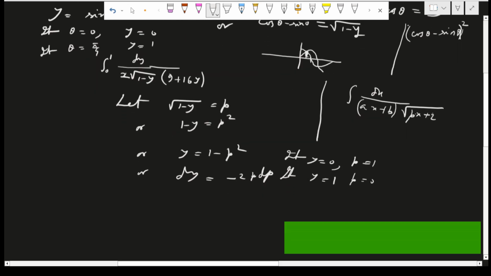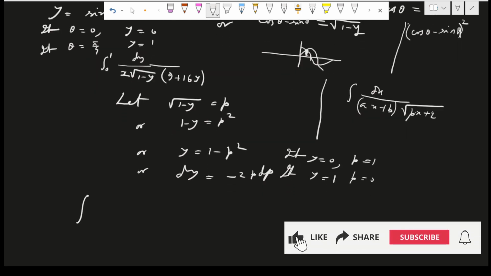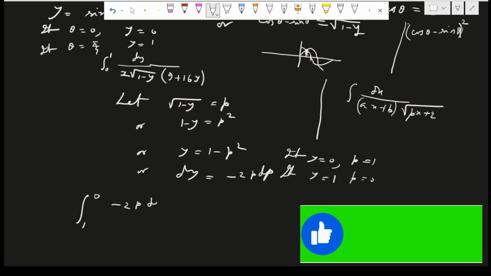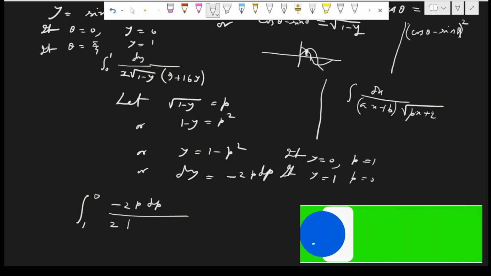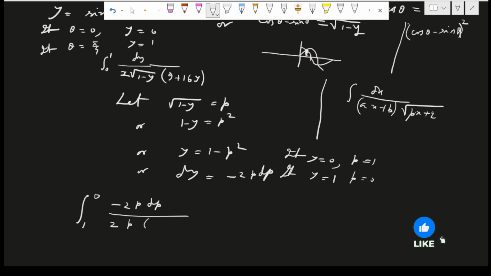So actually the integration is from 1 to 0, with dy equal to minus 2p dp, root over 1 minus y equal to p, and 9 plus 16 y equal to 9 plus 16 times (1 minus p square).